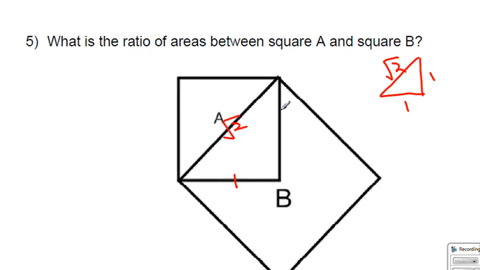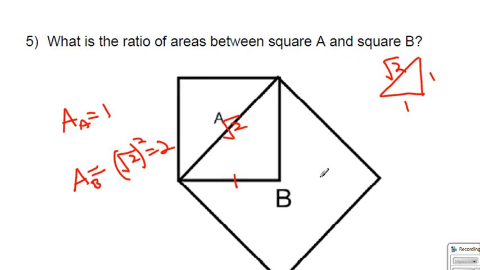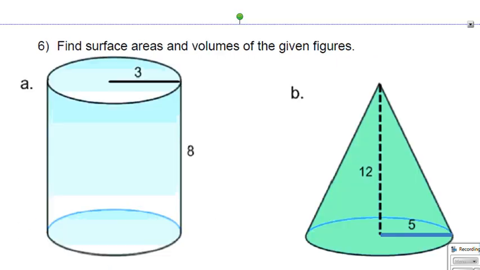Then, in fact, that is good enough for us to realize the ratio of the areas, because if this one were to be 1, then area of A would have been equal to simply 1. But how about area of B? It would be the square of radical 2, which simply equals 2. So what is the ratio? Ratio would have been 1 to 2. That becomes our answer.